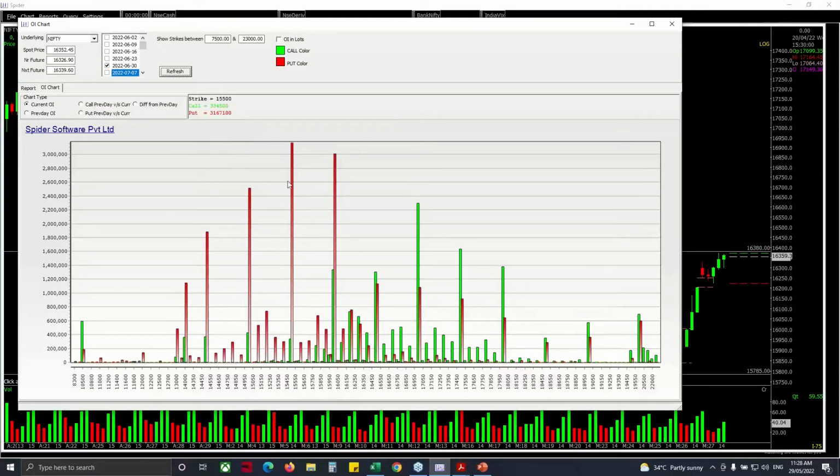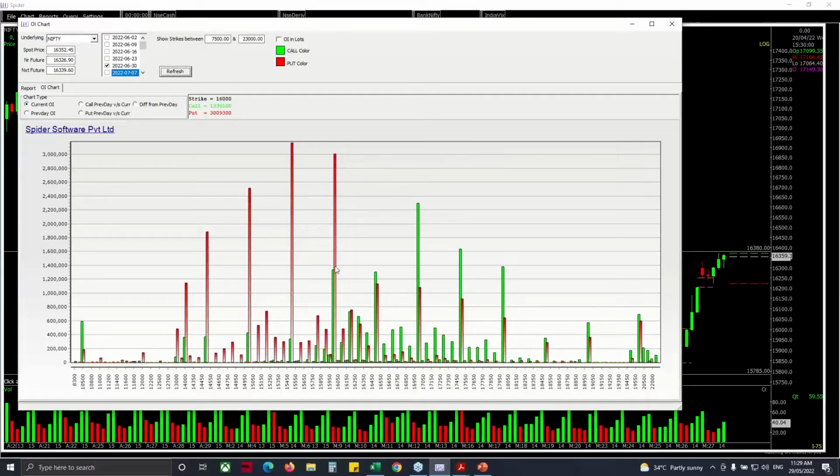Then we will go to a more microscopic level, that is the weekly expiry. As can be seen, strike prices of 15,500 and 16,000 have massive open interest of puts as compared to calls. So the market is in a mood to protect 16,000. We might not go beyond 16,000 in the June series until we see short covering in 16,000 puts or an increase in open interest of 16,000 calls.